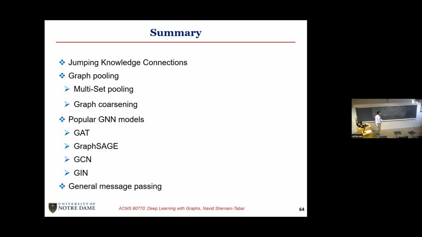After each graph neural network layer, it was trying to generate a coarsened version of that graph, combining information on each cluster of nodes to generate the coarsened graph. And then we reviewed, of course, some popular graph neural network models. And lastly, we looked at the general message passing approach, which was trying to integrate information from node and edge levels as well as those on the graph level.